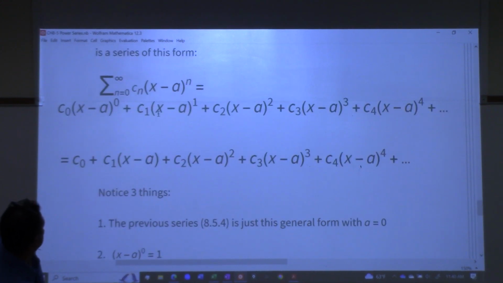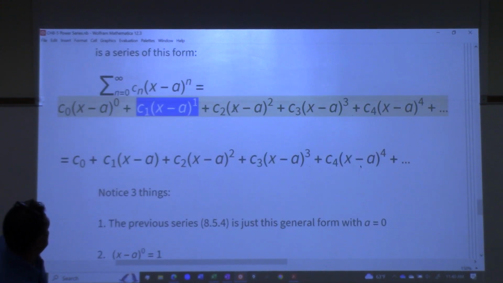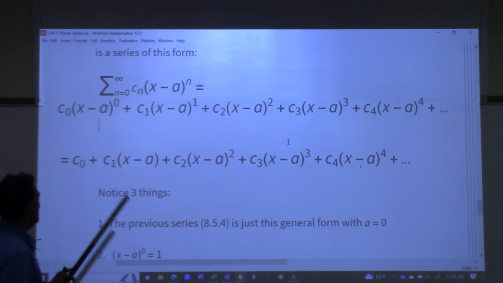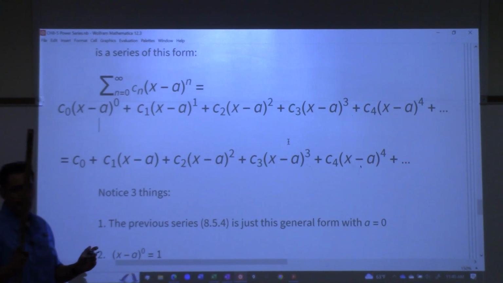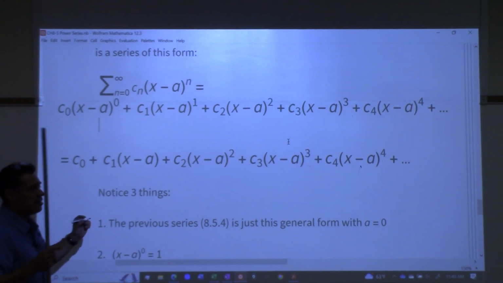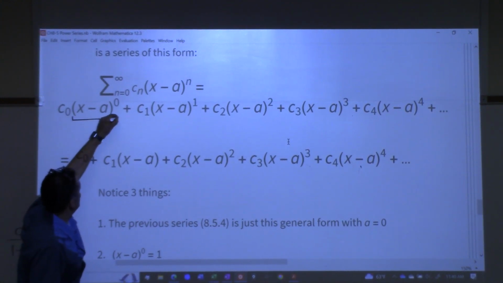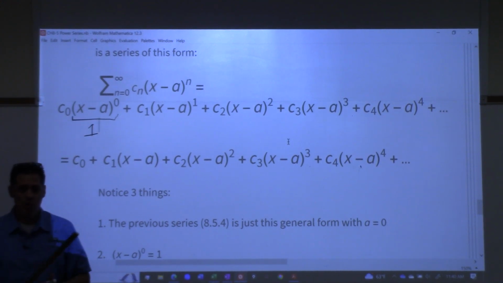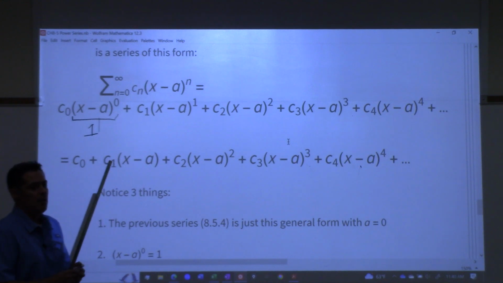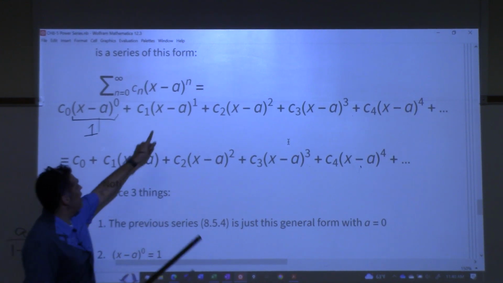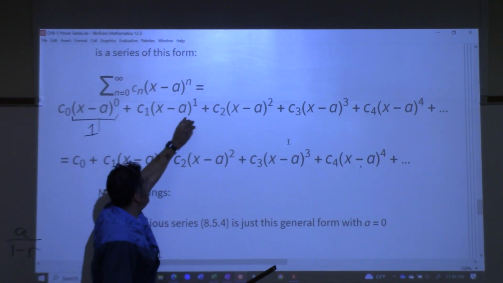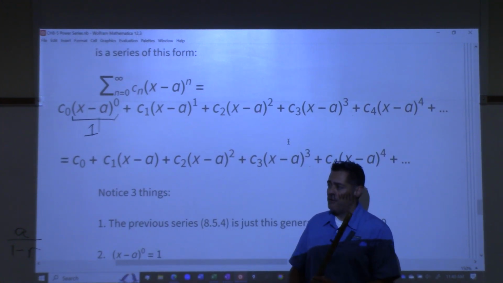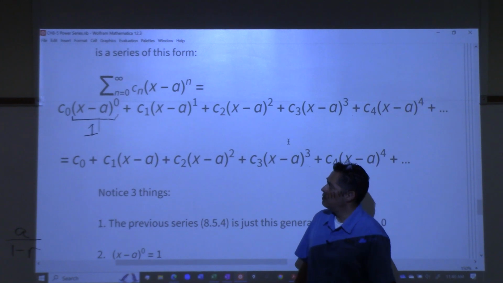That goes to 0, that goes to 0. Everything goes to 0, except for the first one. That's why you have to take these 3 things in order. We are defining this to be 1, because it's raised to the 0 power. For all the other terms, if I replace x with a, that's 0, gone, 0, gone, 0, gone. Everything else goes away.